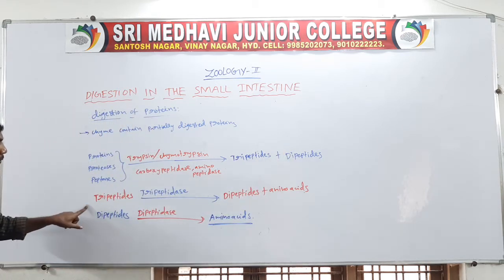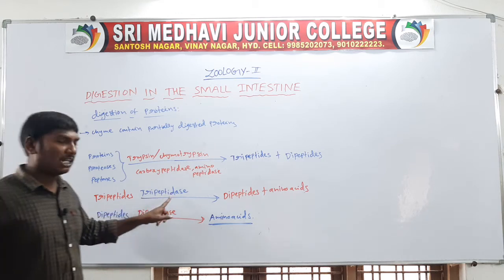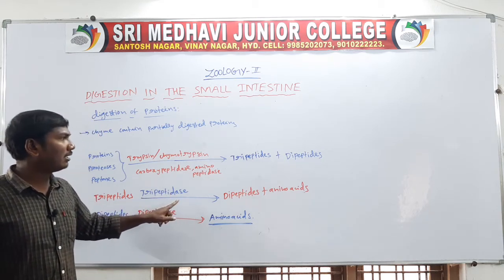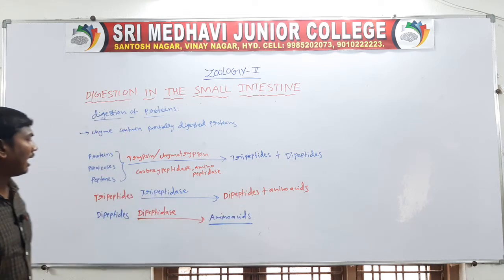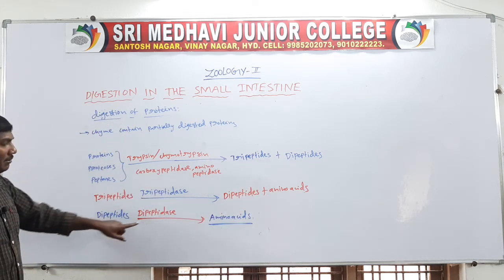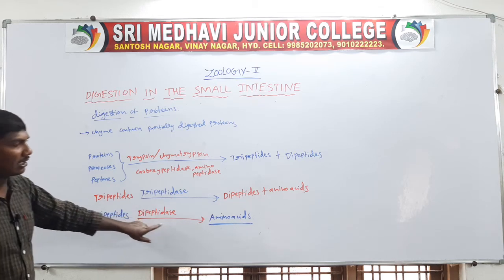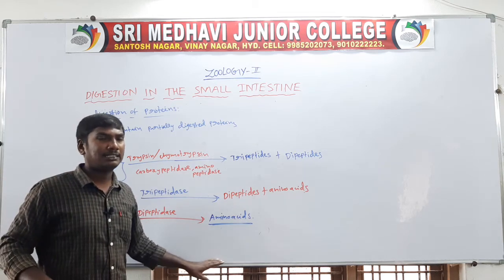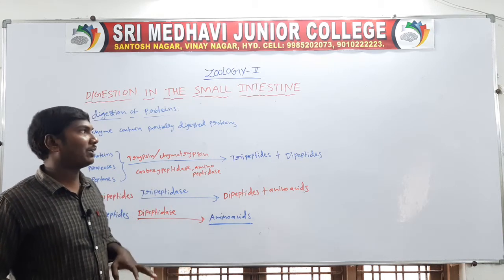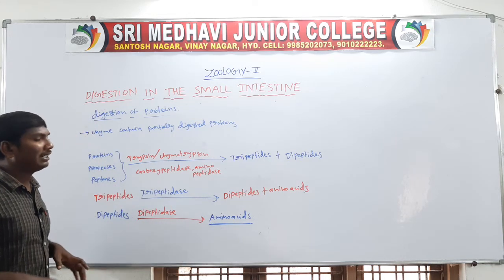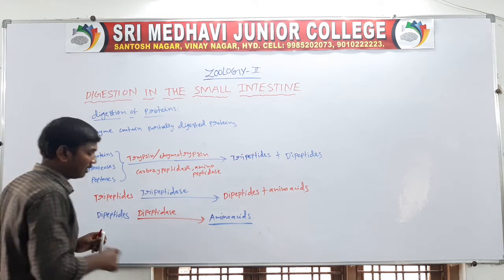The tripeptides, in the presence of the tripeptidase enzyme, convert to dipeptides plus amino acids. Dipeptides, in the presence of the enzyme dipeptidase, convert to the amino acids. Those amino acids are the absorbable forms of the proteins. So this is protein digestion in the stomach and the small intestine.